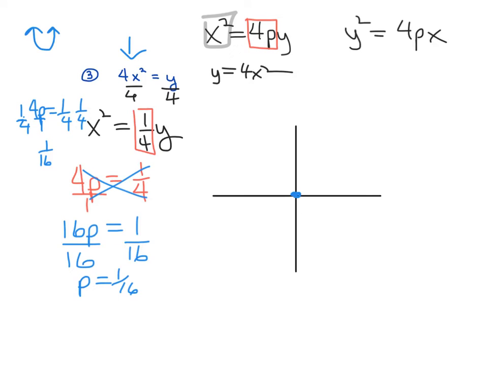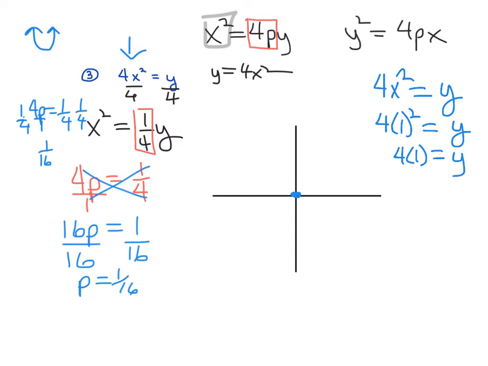I could go back to my original, 4x squared equals y, or even the rearranged one. It doesn't really matter. So 1 squared equals 4 times 1 squared. 1 squared is 1, and 4 times 1 is 4. So the ordered pair I'm going to graph is 1, 4.